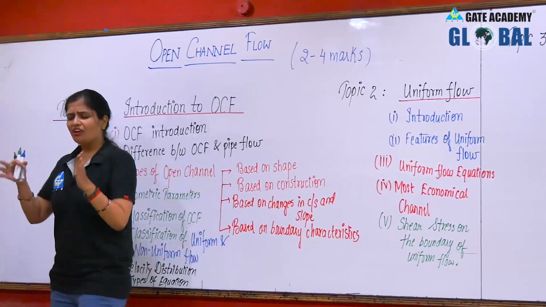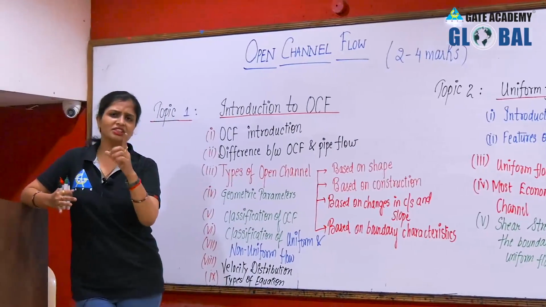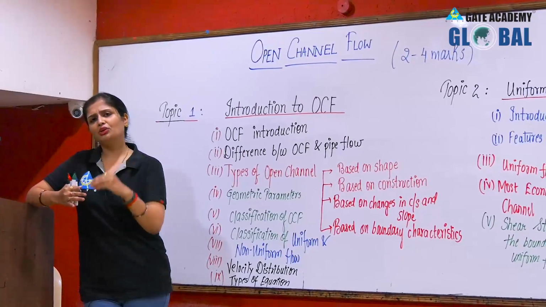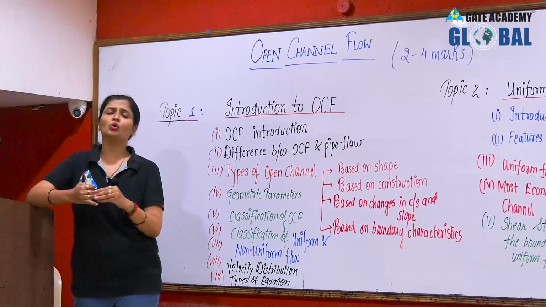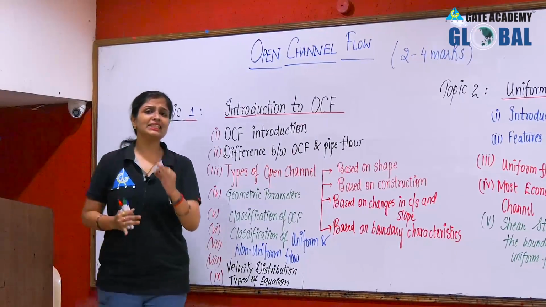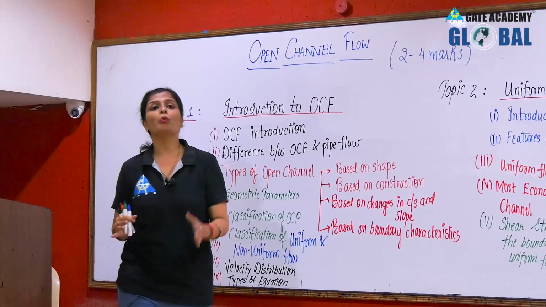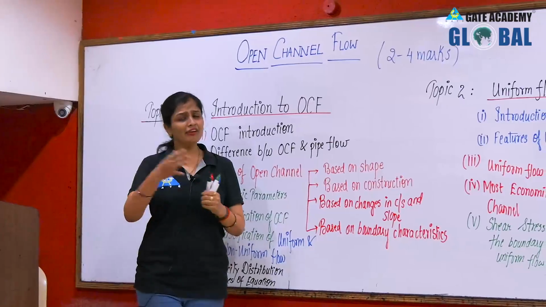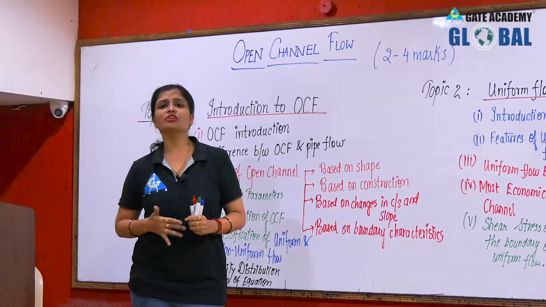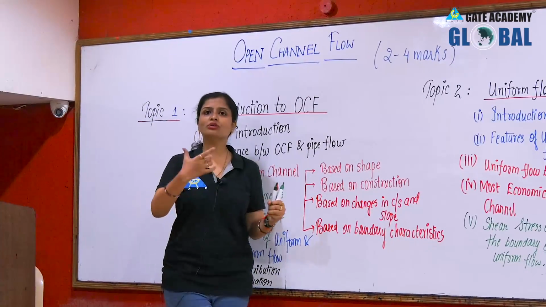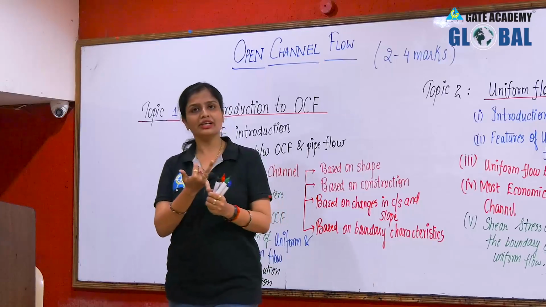When you study anything, like if I am studying uniform flow or an open channel flow, the thing is I want to get a value. Like if this flow is uniform, I want to know the depth of the flow. If I want to design an open channel flow section, I have to calculate the depth, I have to calculate the discharge.